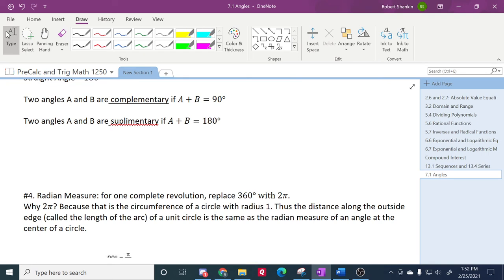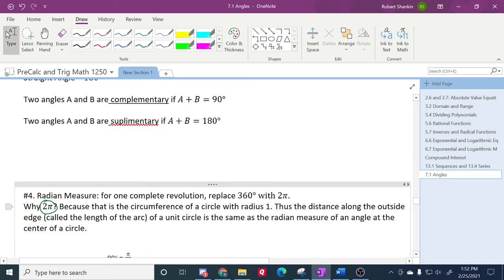Because remember in the practice quiz today, the circumference of a circle with radius 1 is 2 pi. Thus, the distance along the outside edge, or the length of the arc of a unit circle, is the same as the radian measure of an angle if the angle is placed at the center of a circle.